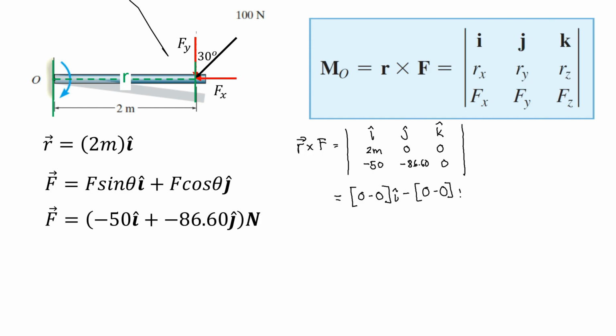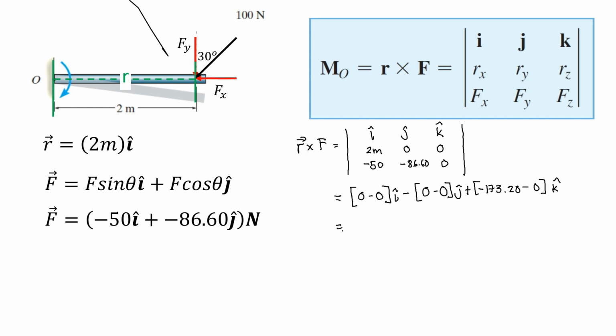And that is j hat. Plus, that is 2 times negative 86.6, that is negative 173.20, and 0 times negative 50 is 0, and that is k hat.